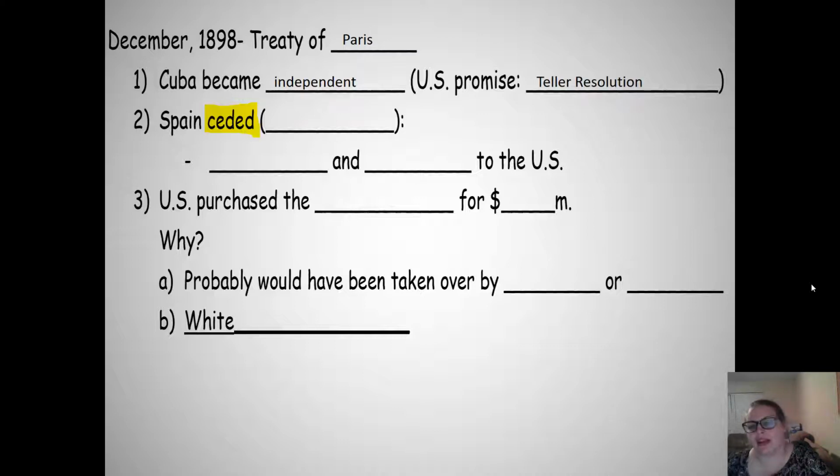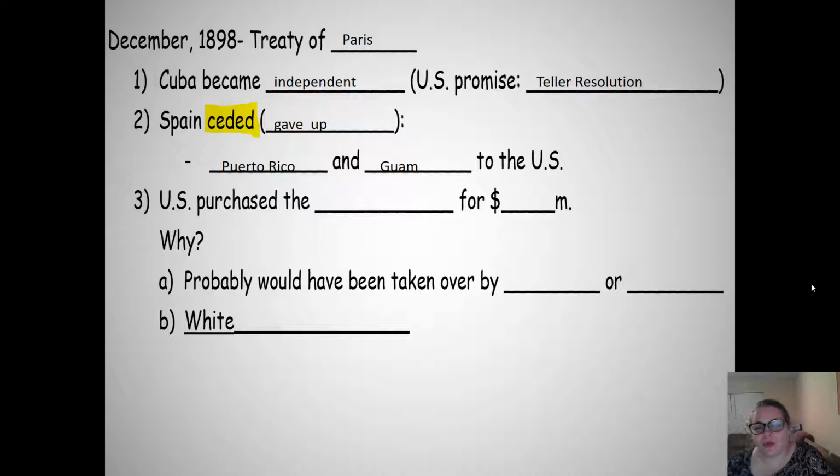That was our promise. We got it done. Okay, U.S. promise of the Teller Resolution. But Spain still lost. So Spain has to give America something. And Spain will cede or give away Puerto Rico and Guam to the United States. Okay, Puerto Rico is in the Caribbean, and Guam is in the Pacific over near the Philippines and Japan.